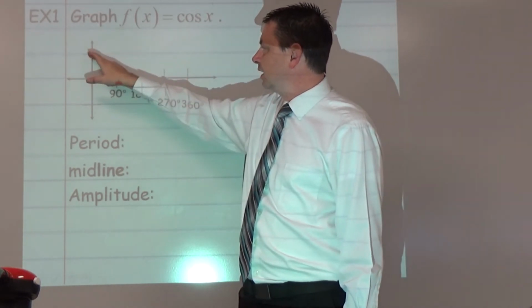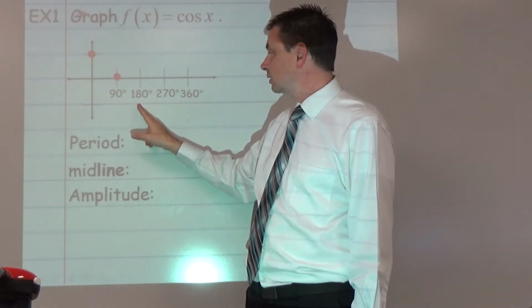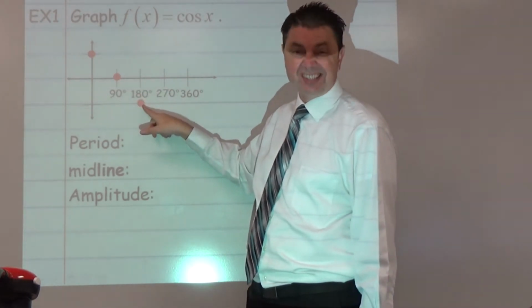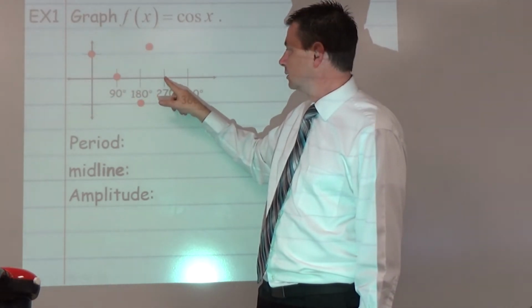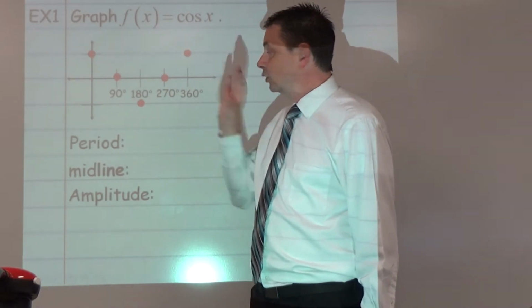And if we were above and then on, we must be going below. That is the trend. So we're below the midline. Cosine of 180 degrees is -1. Back to the midline. Back above. Those are the key points.